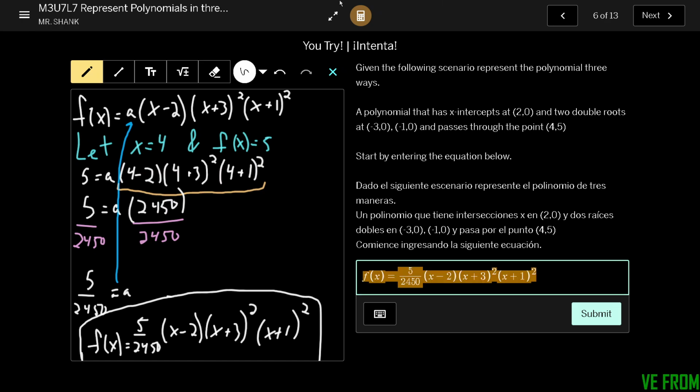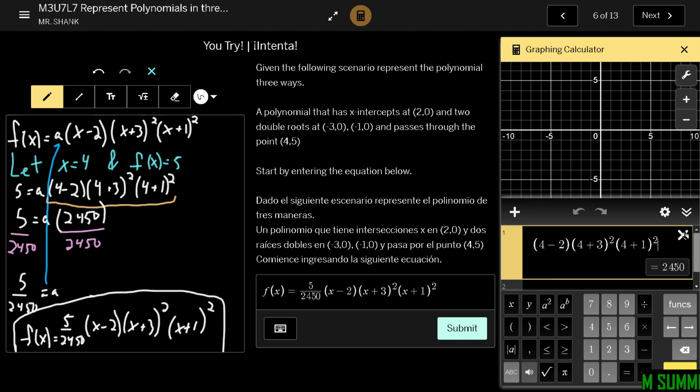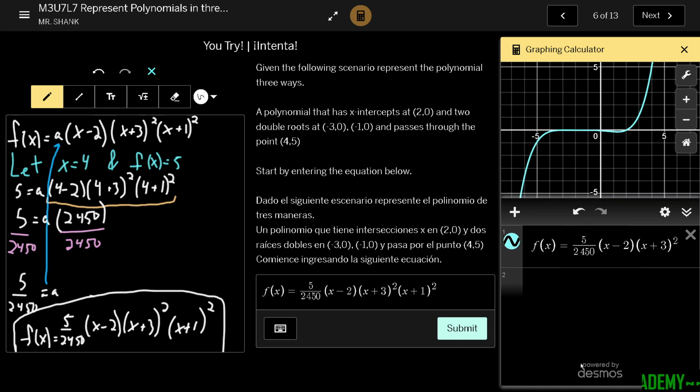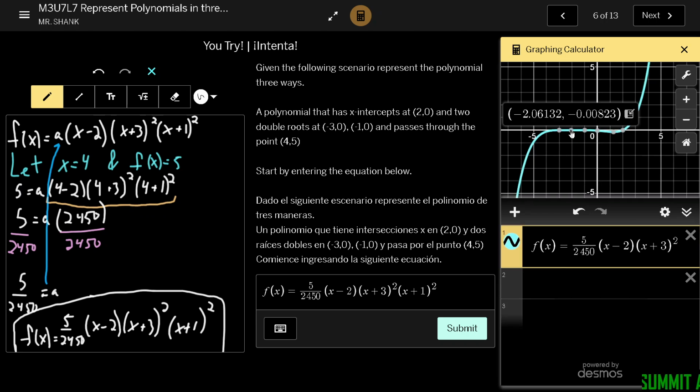All right, so let's check to see if this is right. Again, I graph it out on my graphing calculator. Weird looking function, but let's check it out. So I'm mainly looking for, does it go through the points of, where's it at here? We have negative 3 comma 0, we have negative 1 comma 0, and we have 2 comma 0 as well.